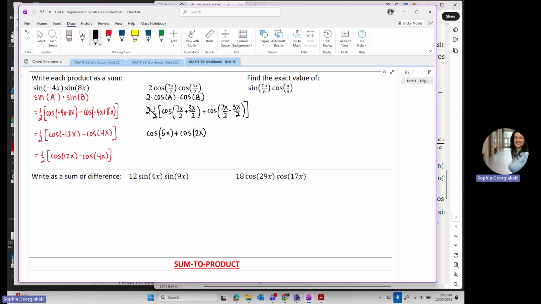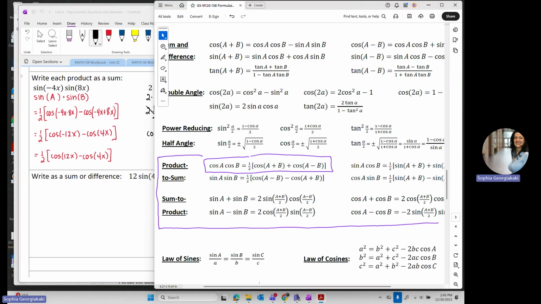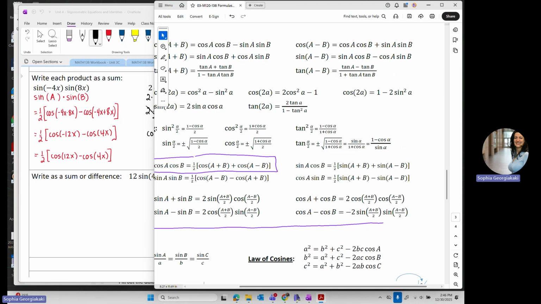The last one is a sine times a cosine. So this is sine of A times the cosine of B. A is the angle 7 pi eighths. B is the angle pi eighths. It's a sine times a cosine. And a sine times cosine is half of the sum of the sines.